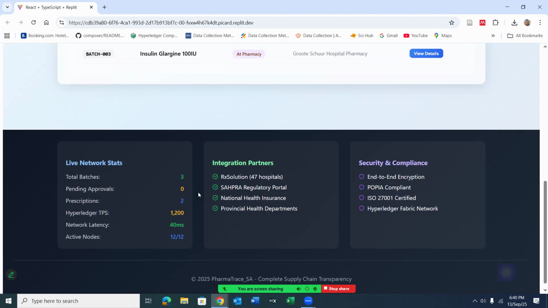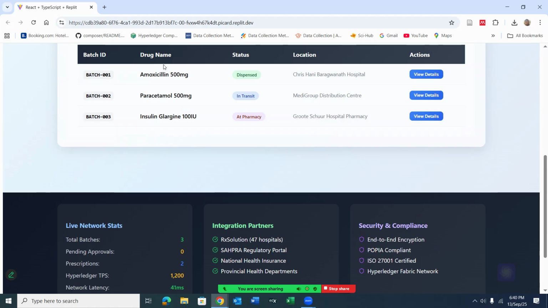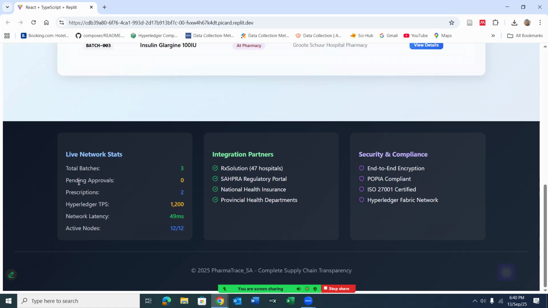Another thing that we need to look at is the performance metrics of our system. As you can see, the total batches are 3, as we have looked at those 3 batch IDs for those 3 drugs. Then the pending approvals are 0 for now. The prescriptions, we have 2 that were prescribed earlier.